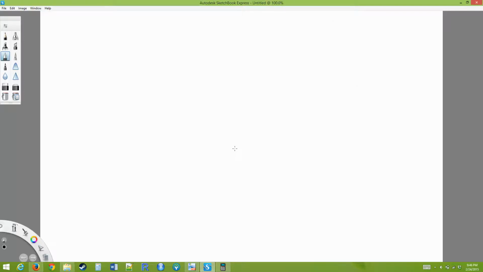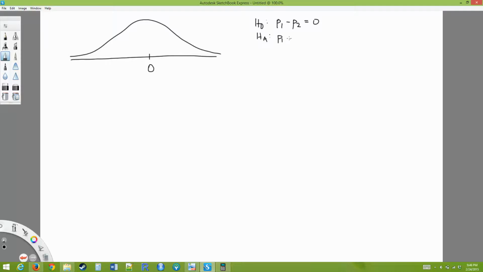So those are our hypotheses. Let's talk about how we would solve this. Just like before, I've got a sampling distribution. In the middle, I'm going to put 0 because in our null hypothesis, we had P1 minus P2 equal to 0. You don't have to rewrite this in your notes, I'm just putting it here so we have it.